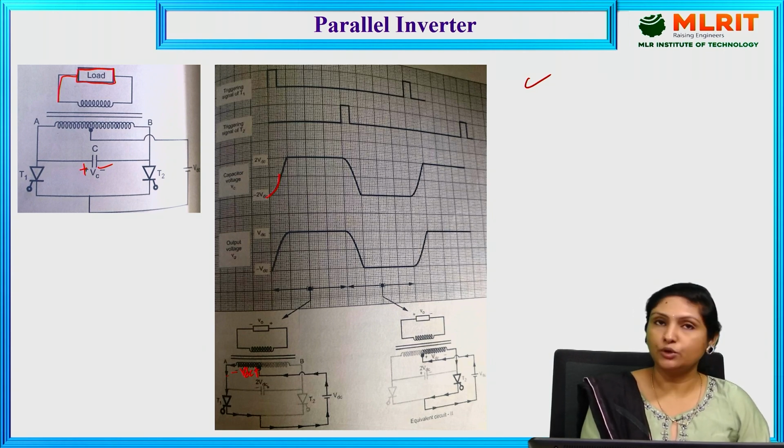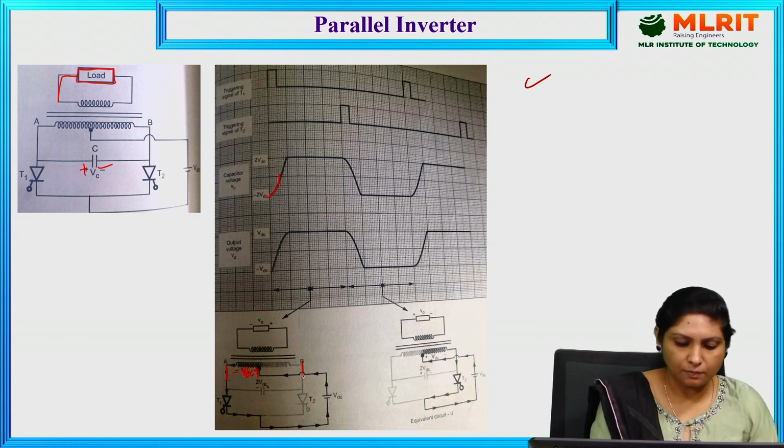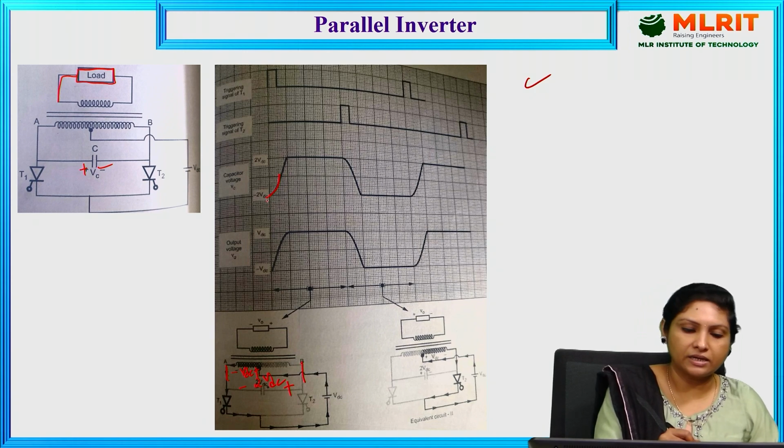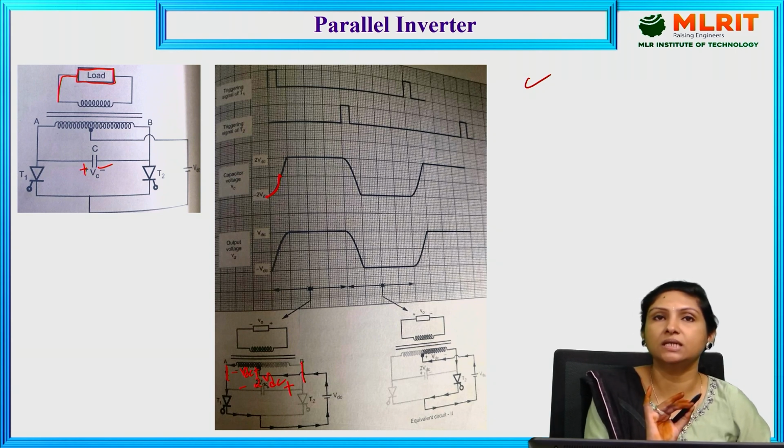That means due to the auto transformer action, the voltage across the complete primary will be 2 VDC, with the polarity negative and positive. The capacitor is initially charged in the negative direction.